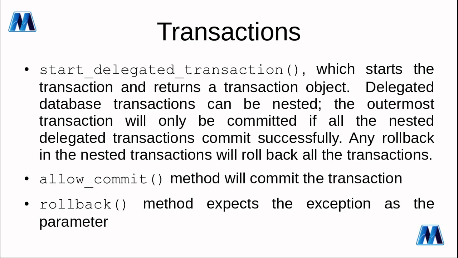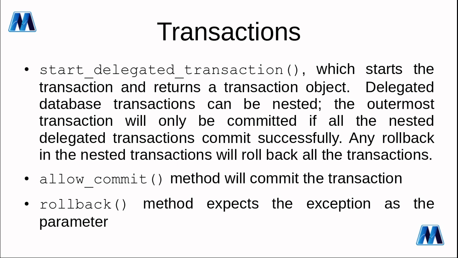So transactions. You start a transaction with start underscore delegated transaction, and it starts the transaction and returns a transaction object. Delegated transactions can be nested. The outermost transaction is only committed if all the nested ones are committed successfully.